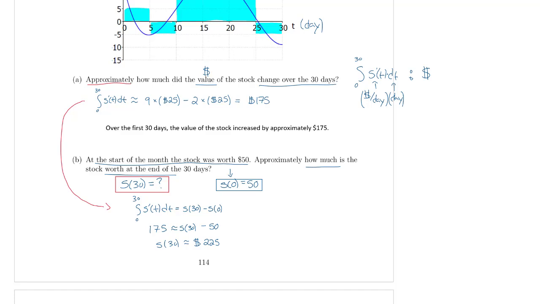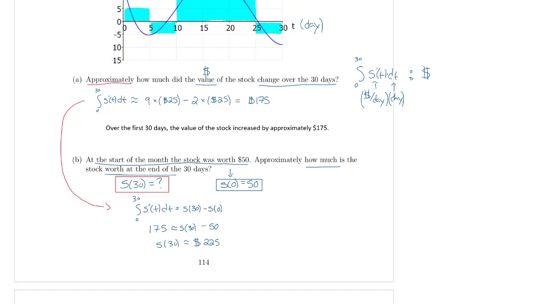And on the right-hand side, as we discussed, we know S of 0 and we'd like to know S of 30. So now we have enough information to simply solve. So we substitute the S of 0 with the value of 50, and then we can just add 50 to both sides and we'll get our final solution.